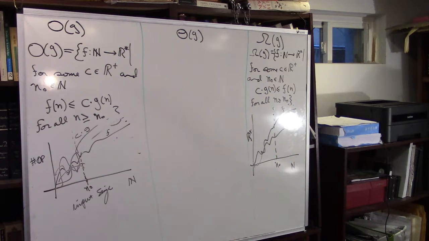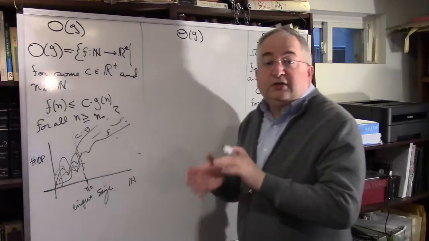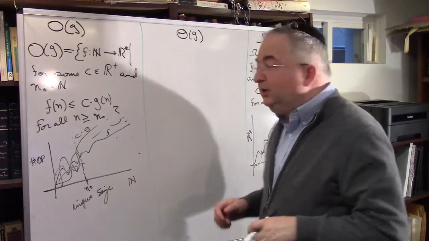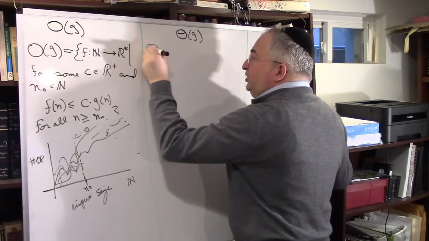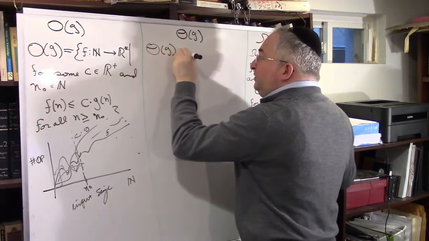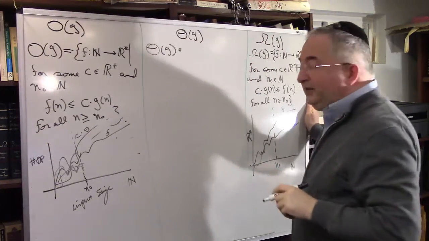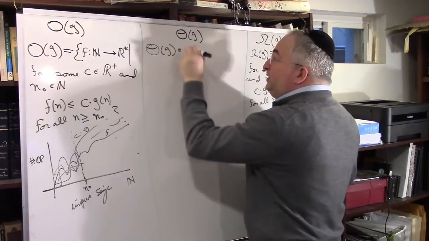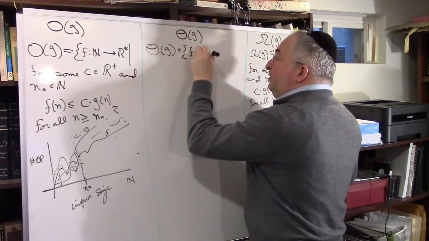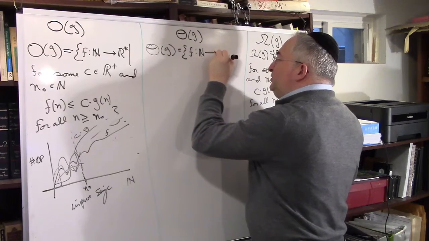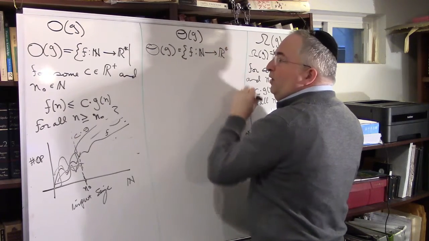Okay, great. Now, what's theta of g? Theta of g is those things that grow about the same speed as g. So let's do that. Theta of g is equal to, it's going to look a lot like before, but this one's a little bit different. f such that from the natural numbers to R star, just like before.